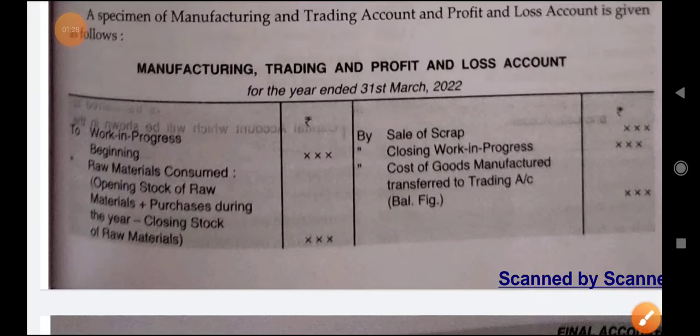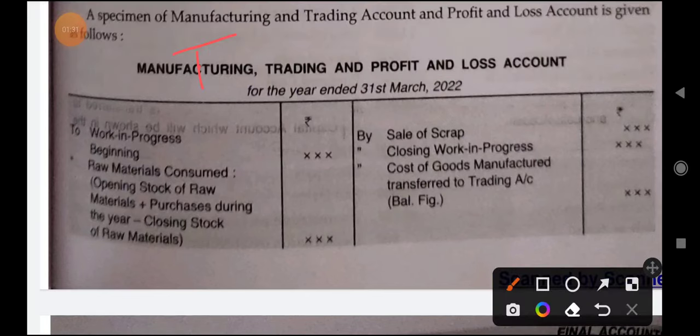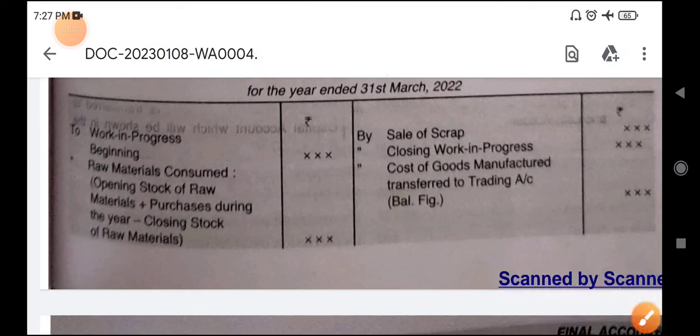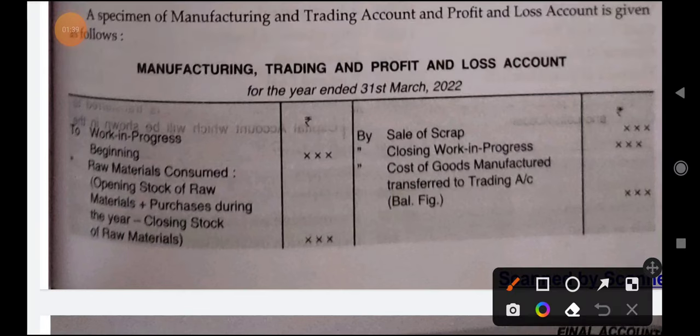Okay, in final accounts what will be there? We will prepare reports of financial statements. So we are discussing financial statements.